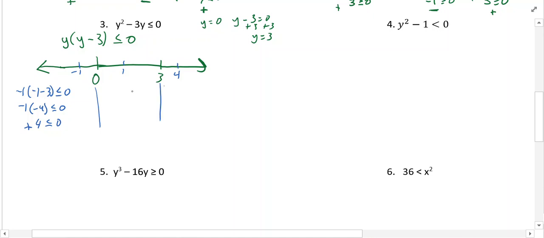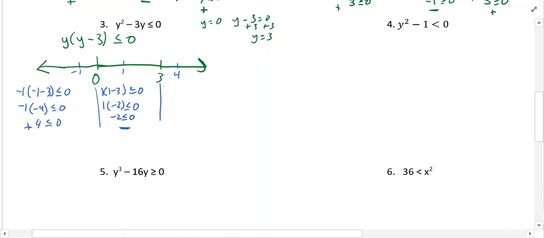Then I'm going to test the one in between. So I get 1, parentheses, 1 minus 3 is less than or equal to 0. So 1 times negative 2, which is negative 2, is less than or equal to 0, which means anything in this range is going to give us a negative set of answers.